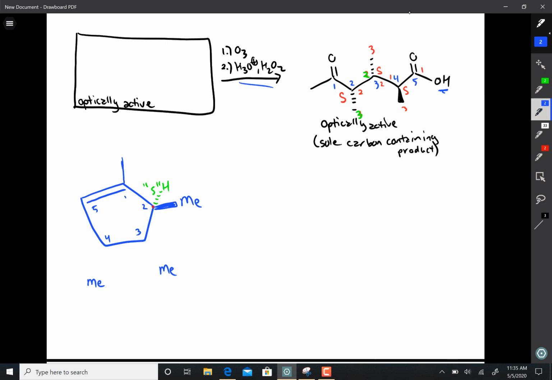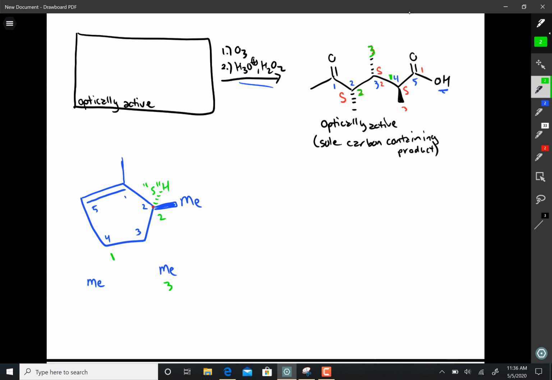Now when we look at the next set of priorities, on carbon 3, carbon 4 had the highest priority. Carbon 2 had the next highest. And the methyl group had the third. Okay.